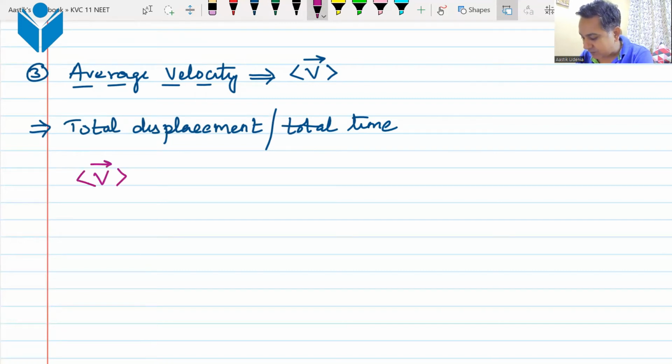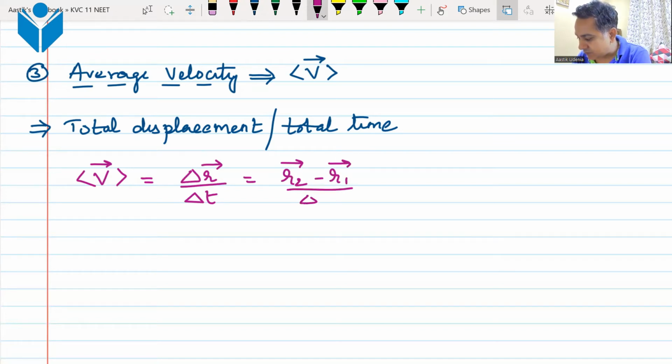So if you have to calculate average velocity, it will be delta r vector, which is total displacement, divided by total time. You can also write it as r2, final position, minus r1, initial position, divided by total time. Do we understand this? This is how we understand average velocity.